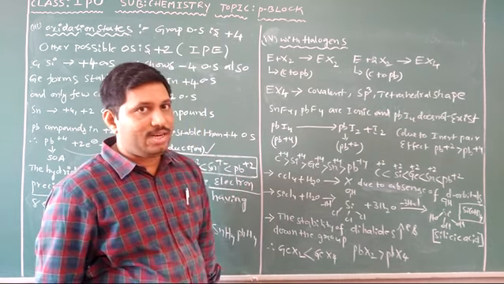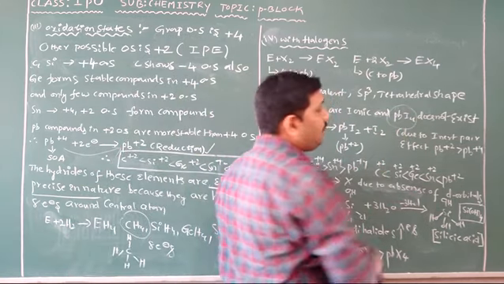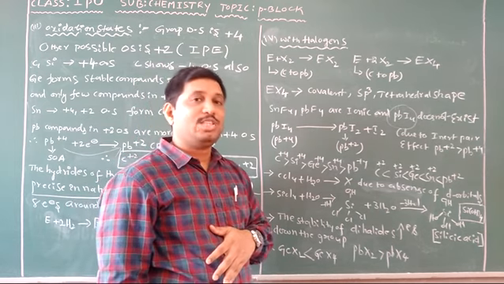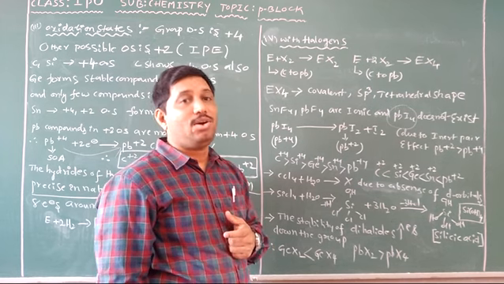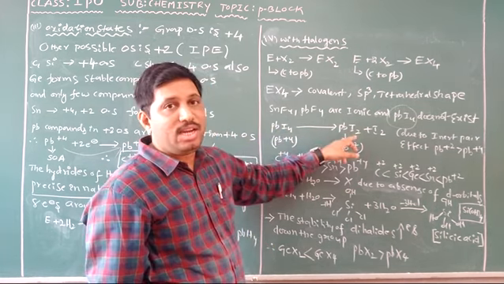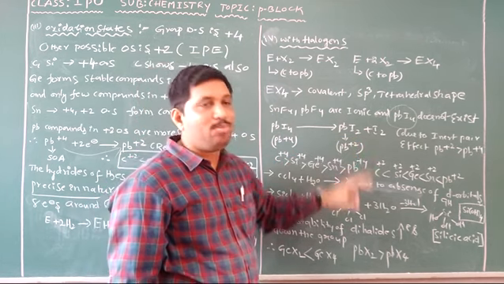And one very interesting point, student, an expected examination question: the tetraiodide of lead does not exist. EX4 is possible, but PbI4 decomposes into lead diiodide plus an iodine molecule.